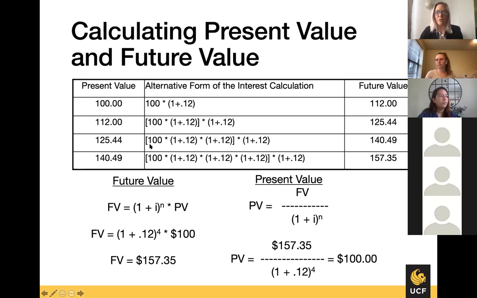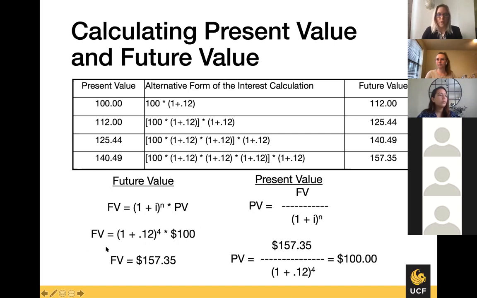So we know from this table up here that our present value is the initial $100 that we invested. We know that we receive a 12% interest rate per year because it's compounded annually. And we know that we want to invest our money for 4 years because that's what we've decided, and that's the amount of time that we have.